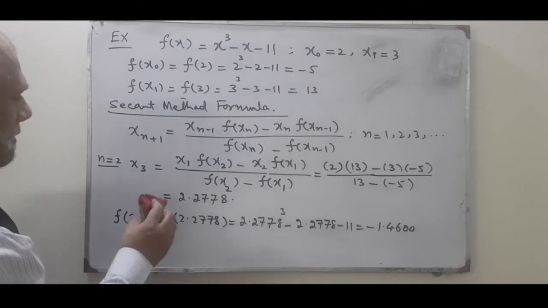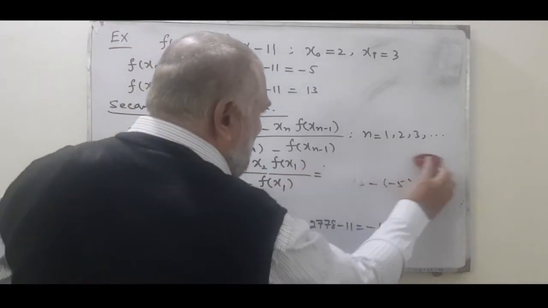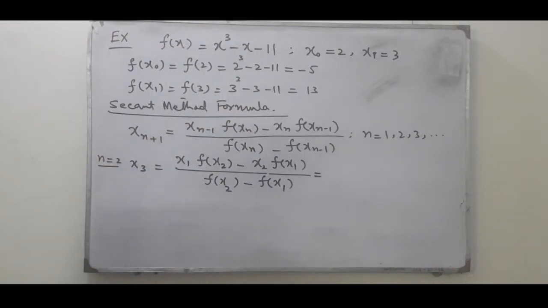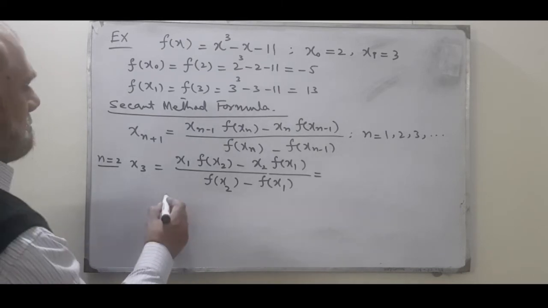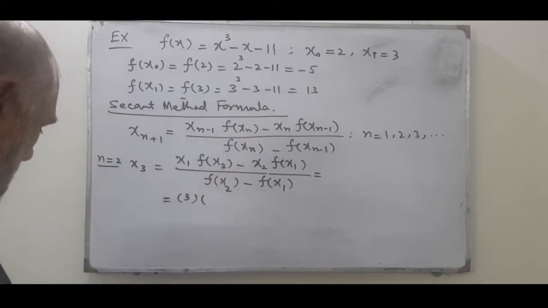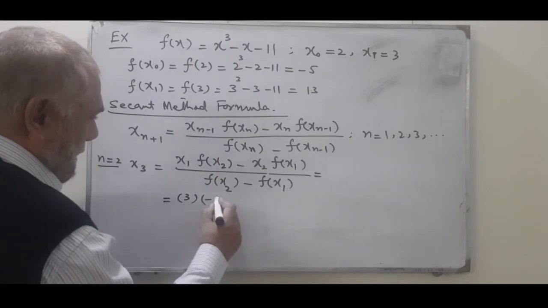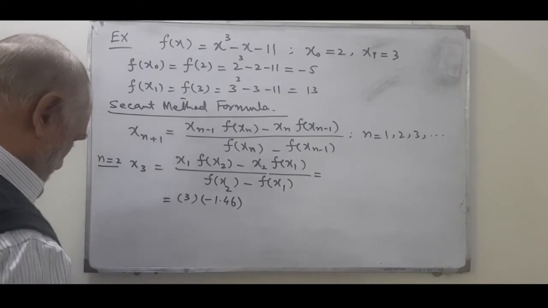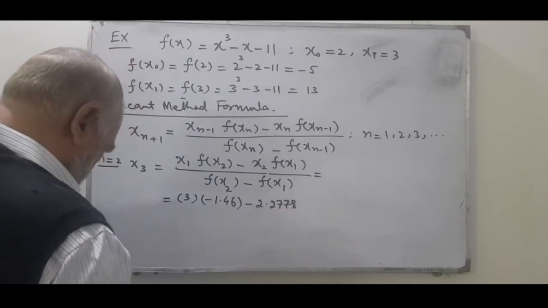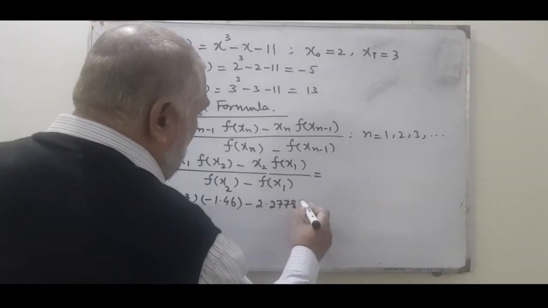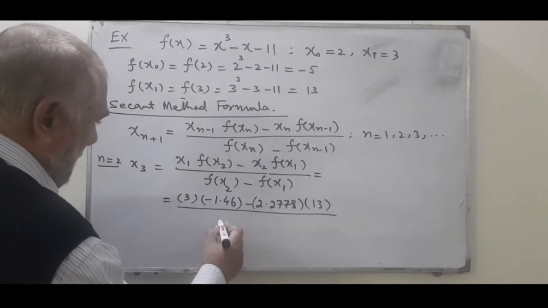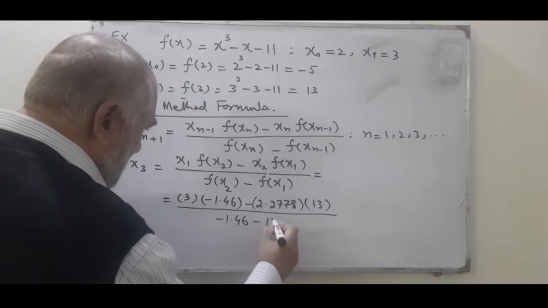Now we can substitute the values. Whenever we put in the values, what do we get? x1 is 3, f(x2) is what we have just calculated, -1.46, and x2 is 2.2778, and f(x1) is 13, whole divided by -1.46 minus 13.